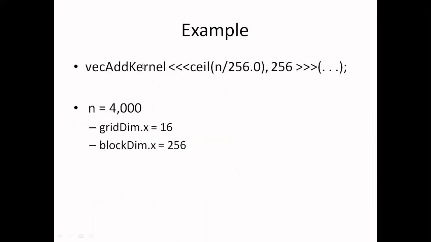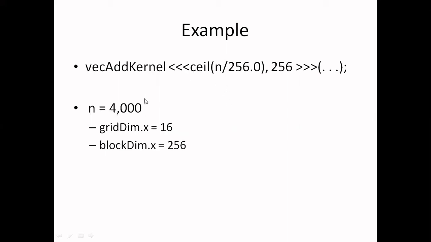So if you are specifying something like this, where n means the number of inputs, and whatever number of threads you want, in that case gridDim.x is 16. Why is it 16?